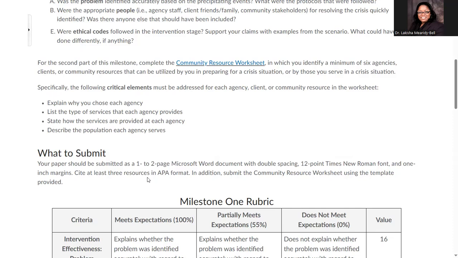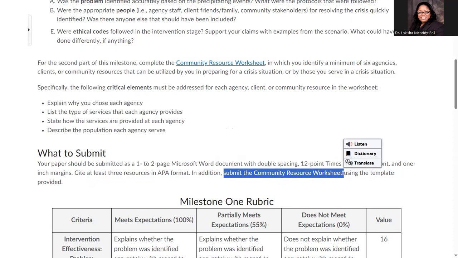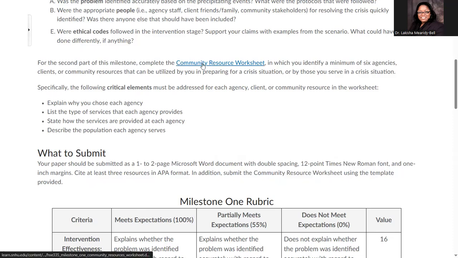Please use those videos to complete the first part of this assignment, citing at least three resources or research from the Shapiro Library, and then also submitting your community resource worksheet using the template that's located right here. If I click on it, it's going to take me there, but that's located right there.